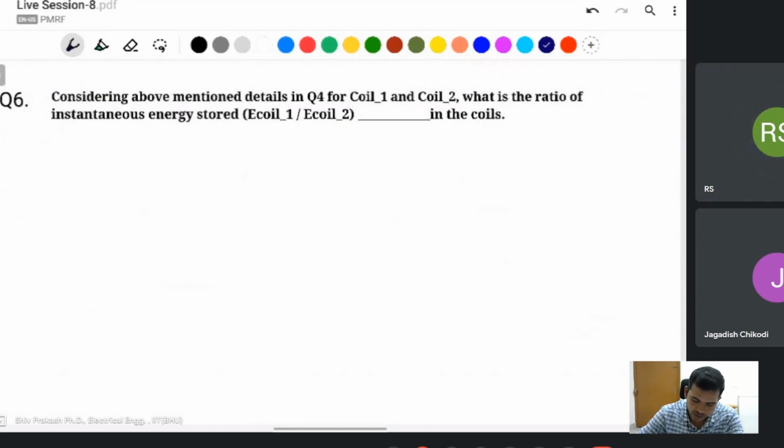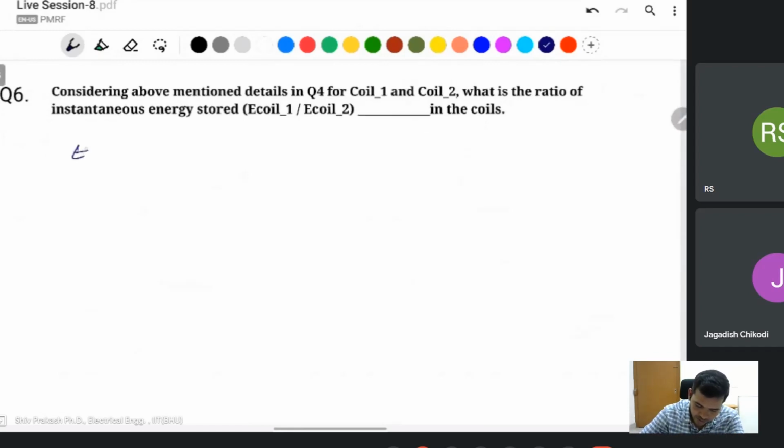Considering the above mentioned criteria, in question 4, for the first coil and second coil, what is the ratio of instantaneous energy stored? Energy, you know, is half of L into I square. Voltage in the coil is d phi by dt, which can also be written as L di by dt.